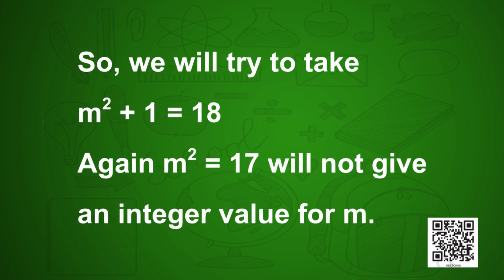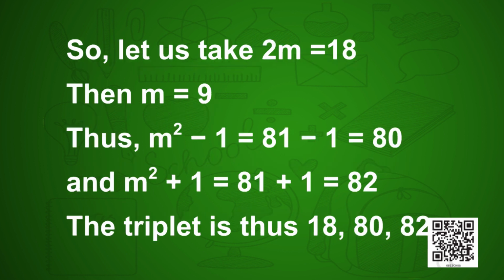So we will try to take m square plus 1 is equal to 18. Again m square is equal to 18 minus 1, that is 17. Even in this case m will not be an integer. So finally let us take 2m is equal to 18. Then m is equal to 9.